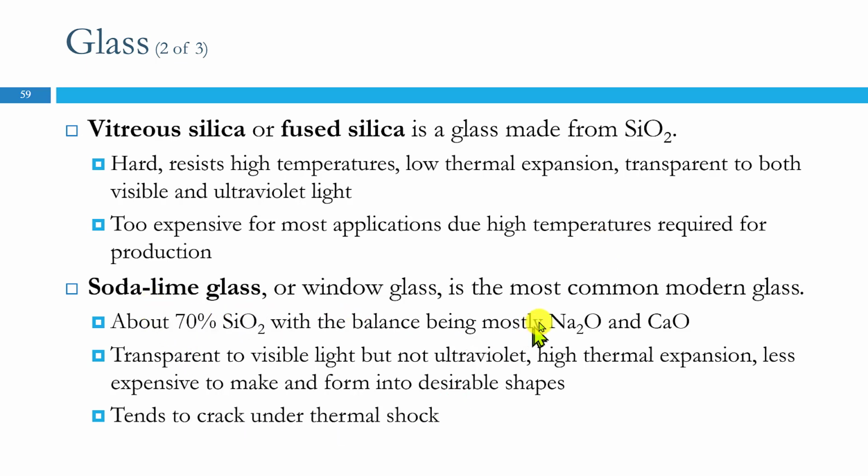Soda glass is what we use for most windows, and so including the sodium in the silicate, right, causes it to have a much lower melting point. So transparent to visible, but not ultraviolet light.